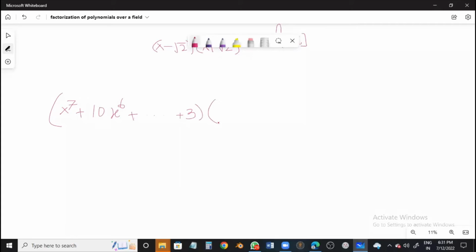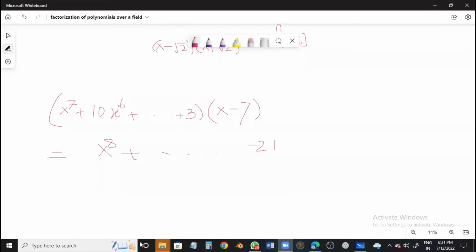And I multiply this particular polynomial by some x minus 7. What will happen? The largest degree term will be x raised to 8 and so on. And the last term, the constant term, will be constant into constant. So 3 into minus 7, surely I will have minus 21. Followed me?